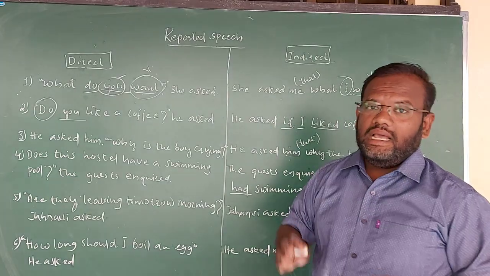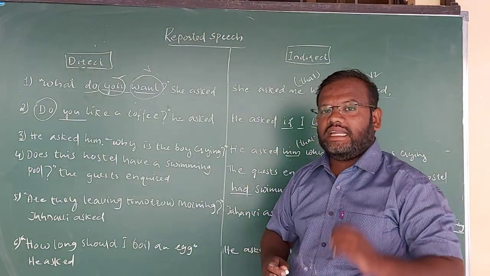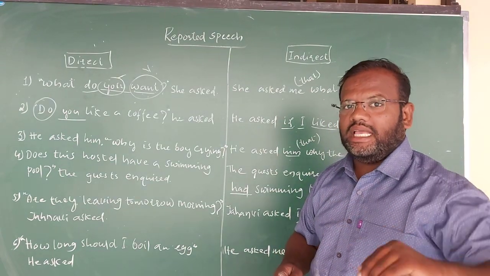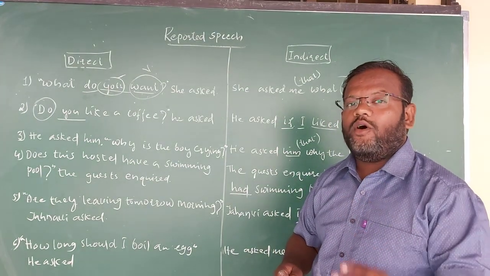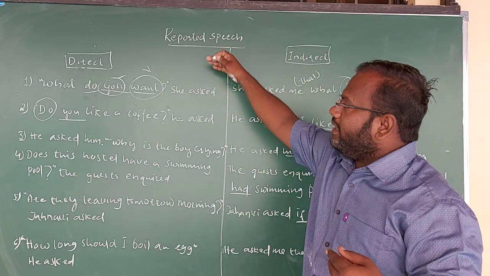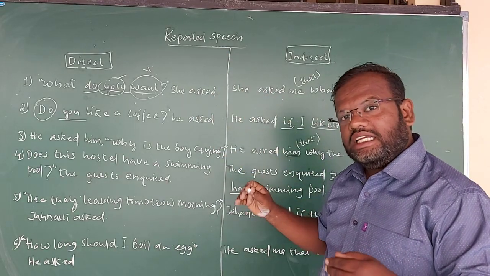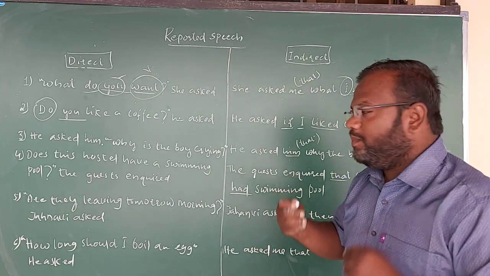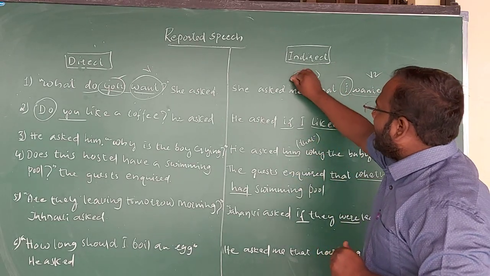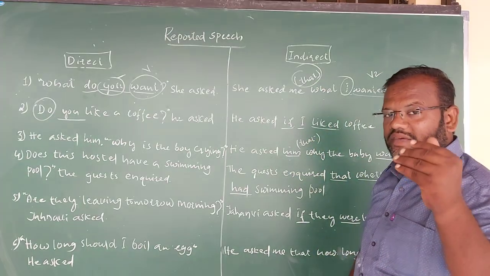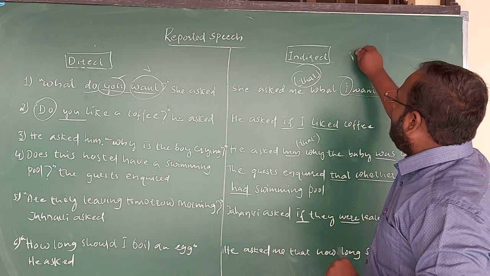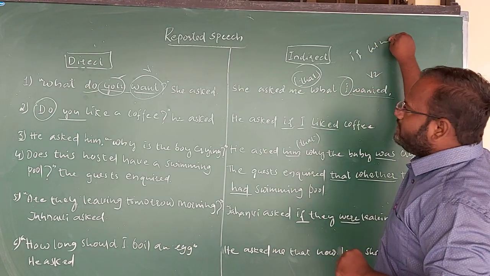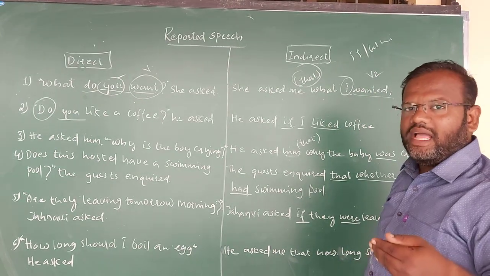My dear children, we have clearly discussed that if you are facing yes or no type of questions in the direct speech, when we are changing it into indirect speech, instead of using that as a conjunction, what we have to use? If or whether, right? If or whether we have to use.